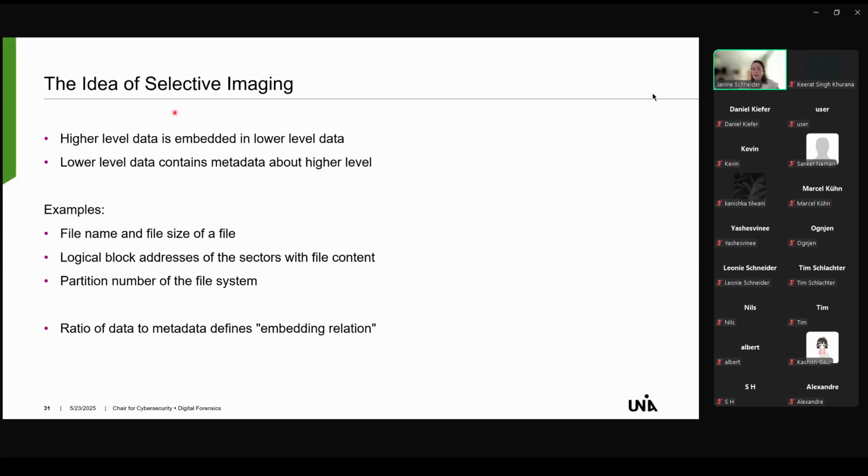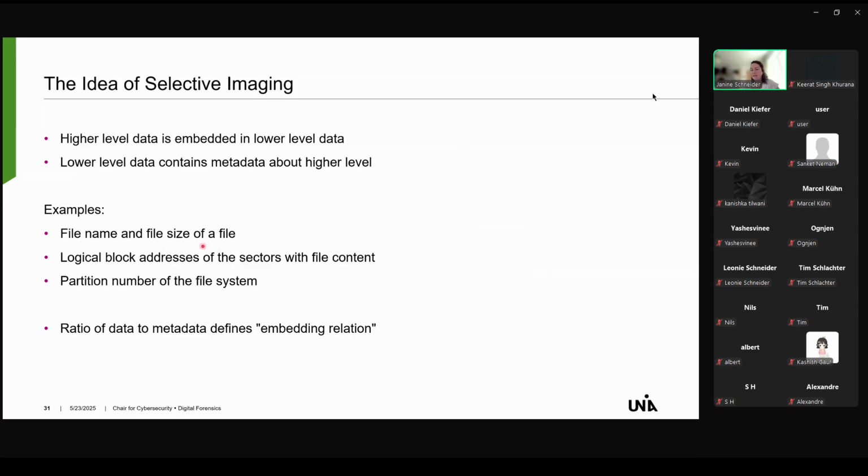So the idea of selective imaging or partial imaging is that higher level data is embedded in lower level data, and the lower level data contains metadata about the higher level. So that's the abstraction hierarchy. Examples are the file name and the file size of a file.